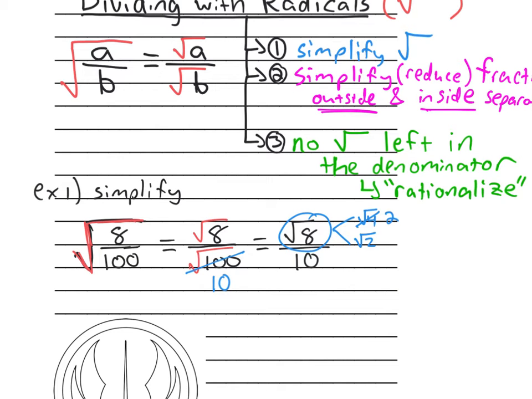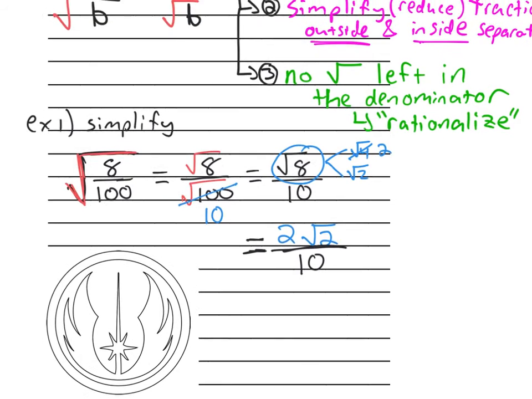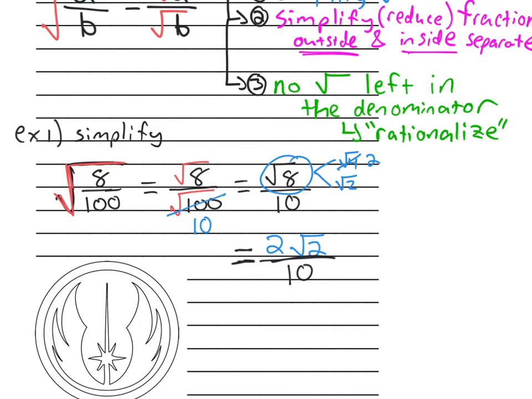Let's go ahead and do that down below. I'm going to make an equal sign here. Root 8 is now written as 2 times the square root of 2, simplified, and that's still over 10. Now we have numbers on the outside, on both the top and the bottom: a 2 up top and a 10 down below, outside of radicals. So we can simplify those numbers together. 2 over 10, what number can fit into both 2 and 10 to reduce them? That's right, 2.